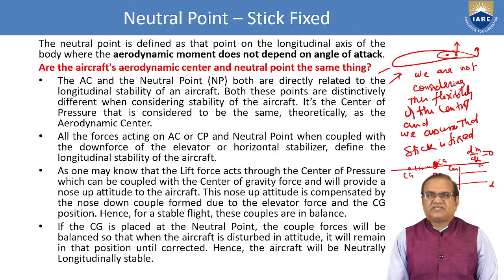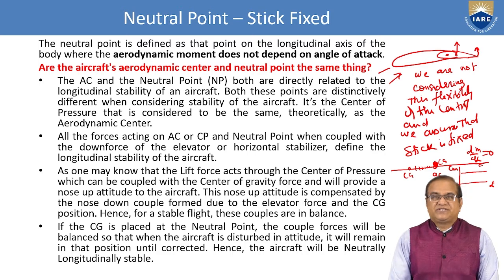It is the center of pressure that is considered to be the same theoretically as the aerodynamic center. CG and neutral point are not same, but for the symmetric airfoil, the center of pressure and the aerodynamic center can be assumed as the same.